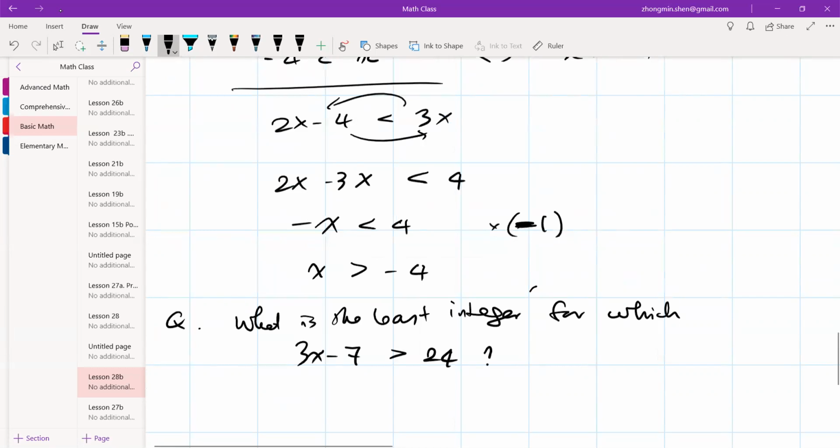The integer here is x. So x is the integer satisfying this inequality. You find the smallest, the least integer x for which 3x minus 7 is greater than 24.